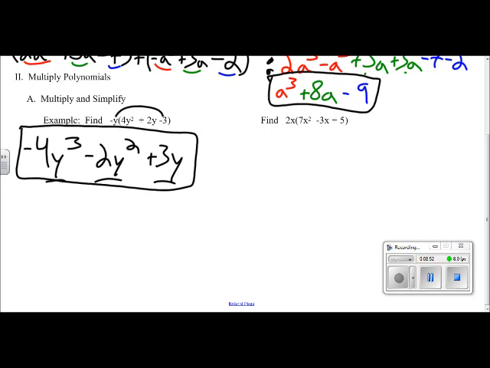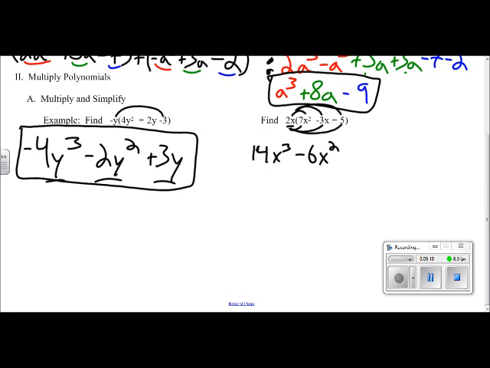Moving on to our second example, again we have negative 2x, which needs to be distributed to each term of this trinomial. So when we distribute it to the first one, 2x times 7x squared becomes 14x cubed. When you distribute it to our second piece here, 2x times negative 3x becomes negative 6x squared.